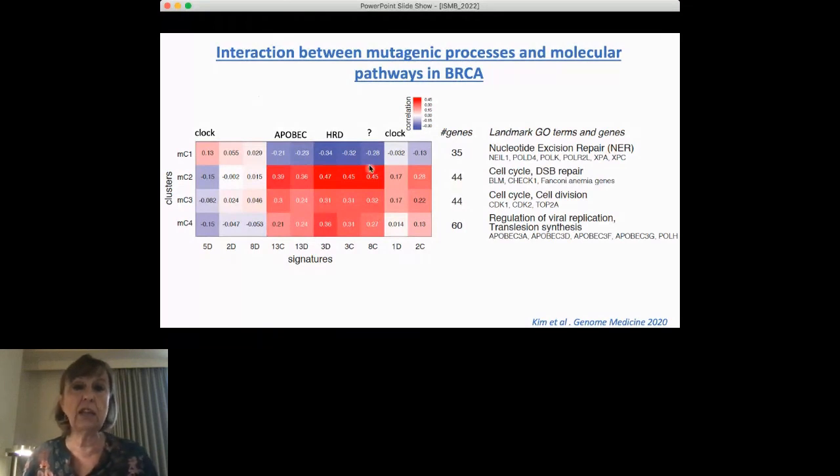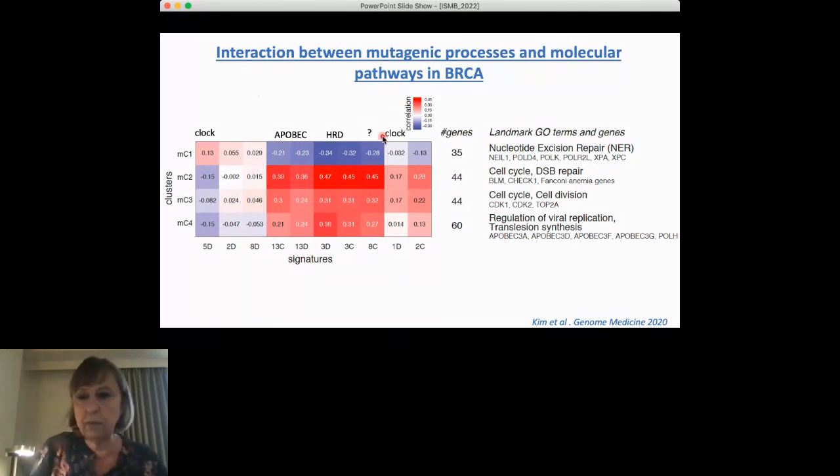There's a signature 8 that we don't know what it does, and because it's correlated with all the other signatures, we still cannot really understand it well. So this kind of analysis gives us some view of the mutational processes and their potential association with DNA repair pathways, and some insight into these processes, but there are some limits. For example, this cluster here is highly correlated.